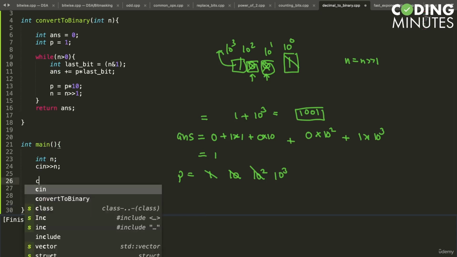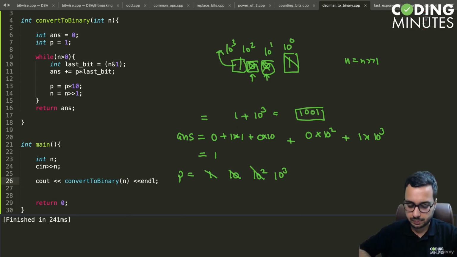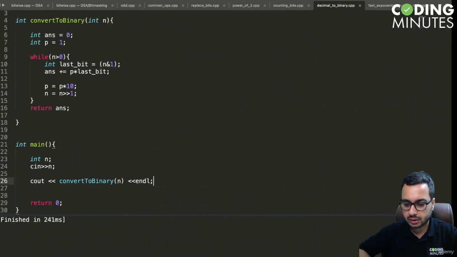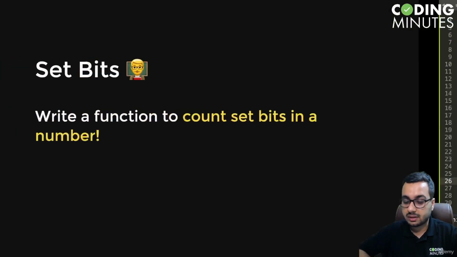Let's build the code. So we can just call convertToBinary, and we give the input n here. And now let us test our code whether it works fine or not. So what we need to do is go to the terminal, and I can say convert decimal to binary.